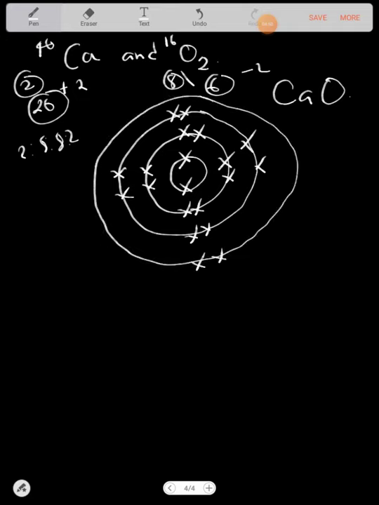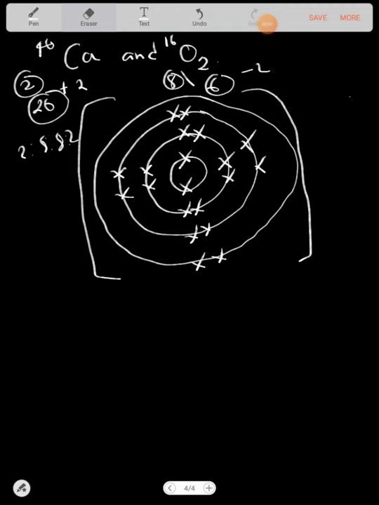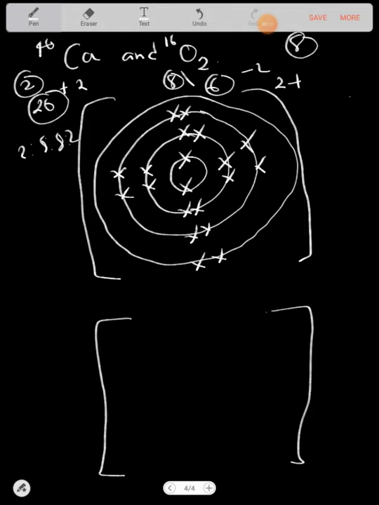So I can do this, and I indicate here that this is losing 2. Then oxygen has got 8 electrons. So the electronic configuration is 2, 6. So that when you add up, they're going to give you 8. So we only have 2 shells.